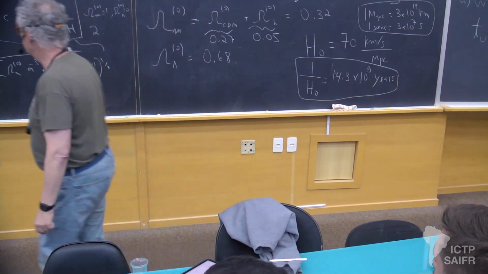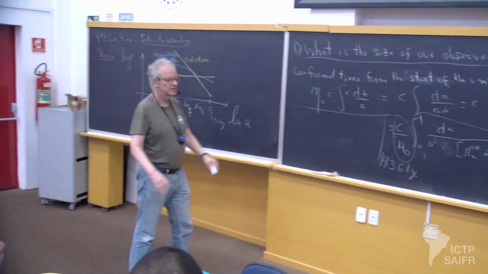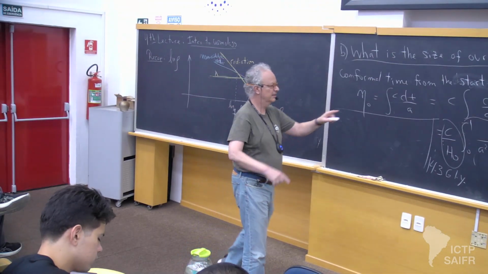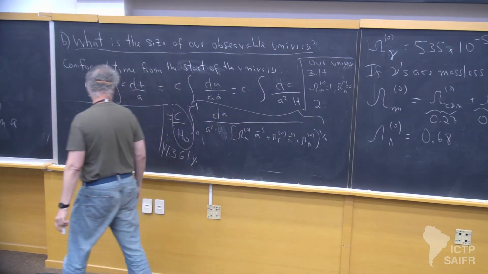So what is the size of our observable universe? There's a radius of 3.17 times 14.3 giga light years.